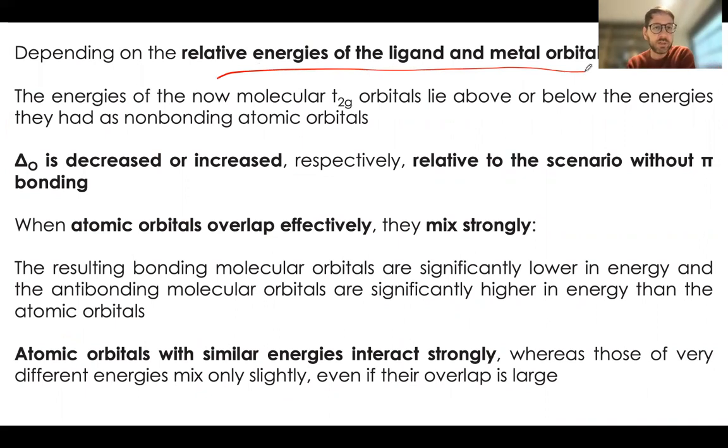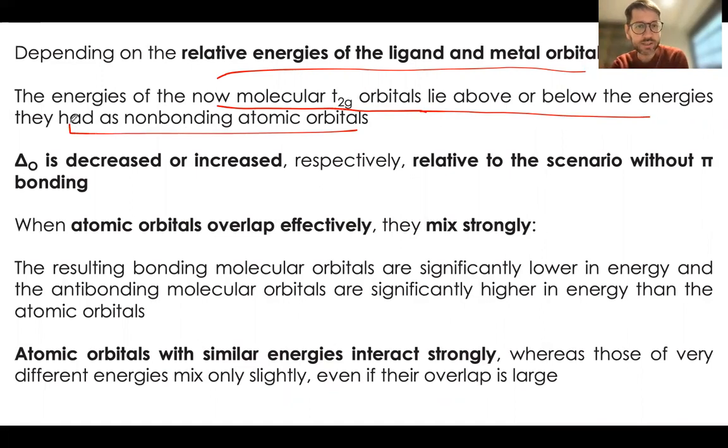So if we have ligands that form symmetry adapted linear combinations of t2g orbitals, then the energy of the new molecular t2g orbitals may lie above or below the energies they had as non-bonding atomic orbitals in the absence of pi interactions.